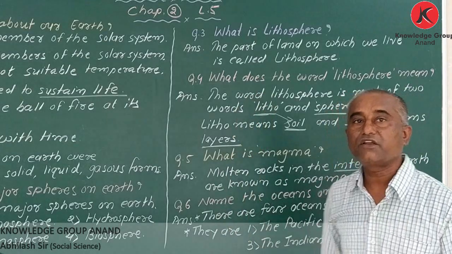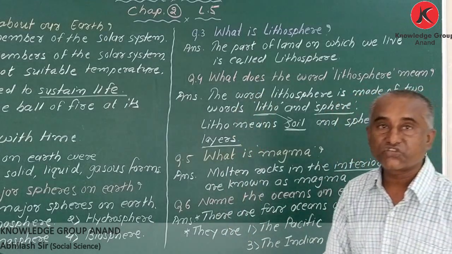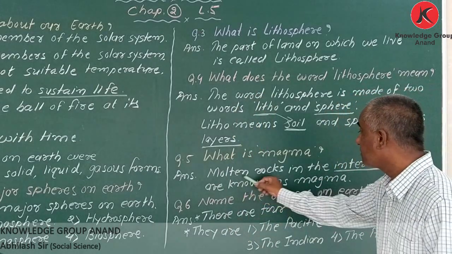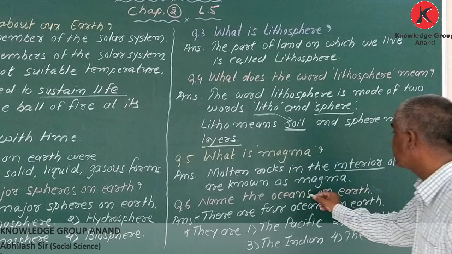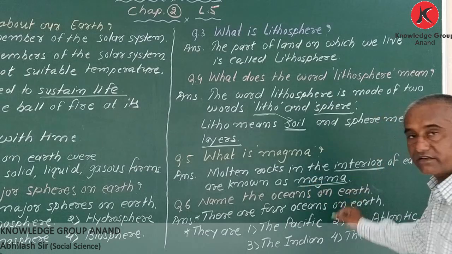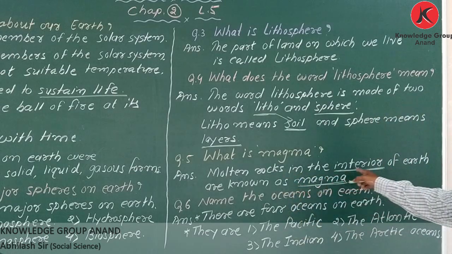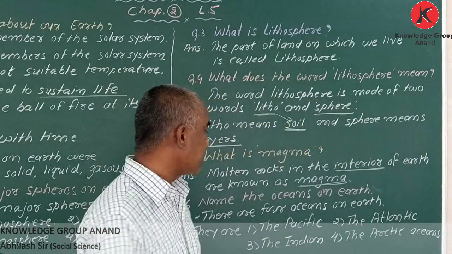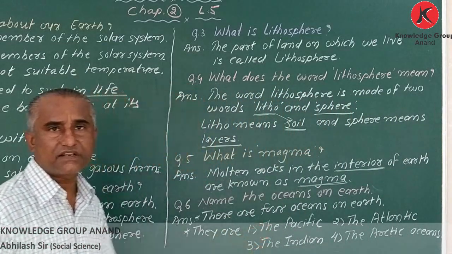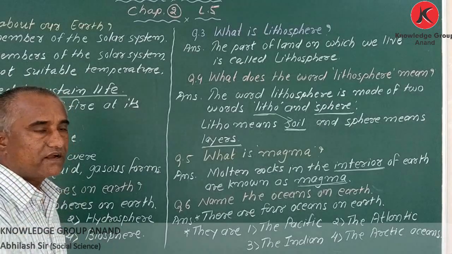When we go in the interior of the earth, we have too much heat. So molten rocks in the interior of the earth are known as magma. Got it? And my dear student, this is the easiest question I have asked. Okay, you know by heart.